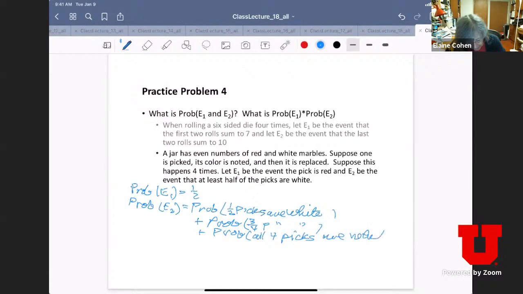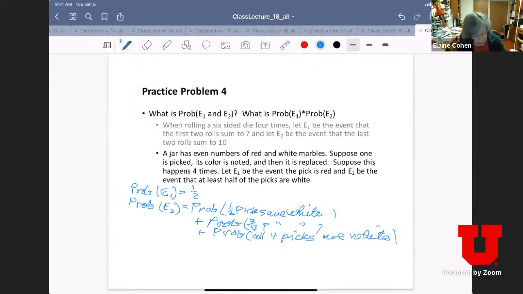Notice we're adding this. Why are we adding this? Because they're disjoint events. So when we say at least half, that means 2 of the picks are white, 3 of the picks are white, 4 of the picks are white.